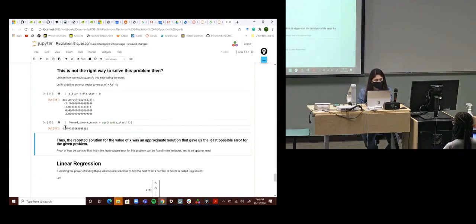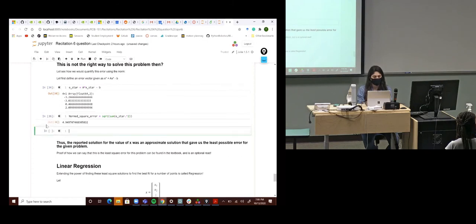Now, this tells us, so let's see how this is actually even correct. This will probably be helpful. So x star, we know that, let me write it down even.